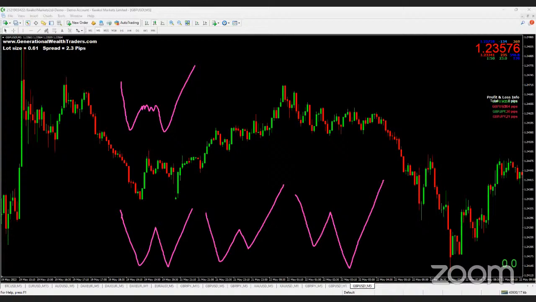Some people enter the trade late. If you're able to enter the trade just on time, not early, if you enter early, that could be bad. You want to enter at the right time. So some people would enter at the pivot here. That's where some people would enter.